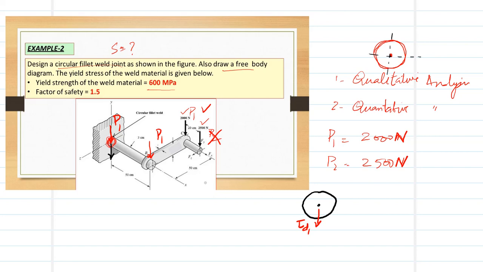Because of the application of the load at this point, this P1 at point B tries to rotate or bend the beam in the clockwise direction. And because the beam bends in the clockwise direction, the bending stress is also downward. We call it sigma B1.